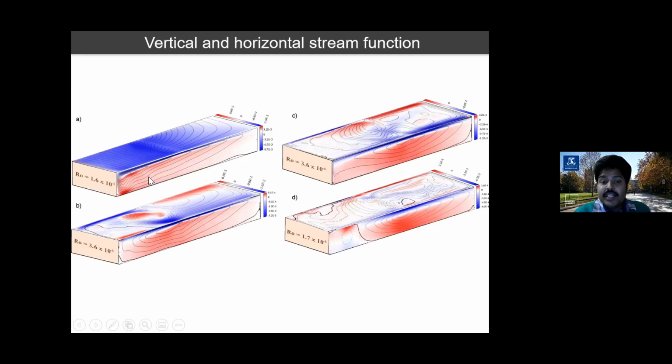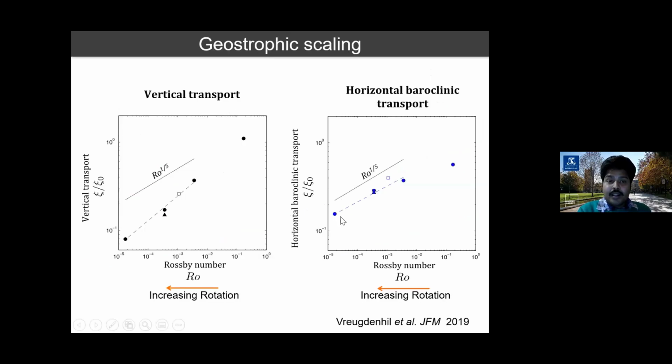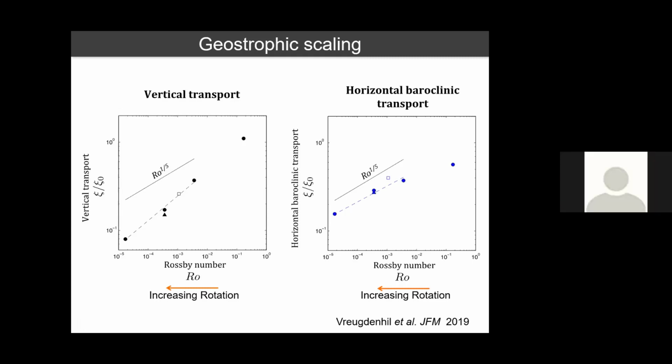So the overturning is actually decreasing, and that is predicted by the scaling, because rotation increases this way and this way, and they have a scaling of Rossby number to the 1/5, and both vertical transport and horizontal transport should decrease with the rotation. Okay. Thank you.